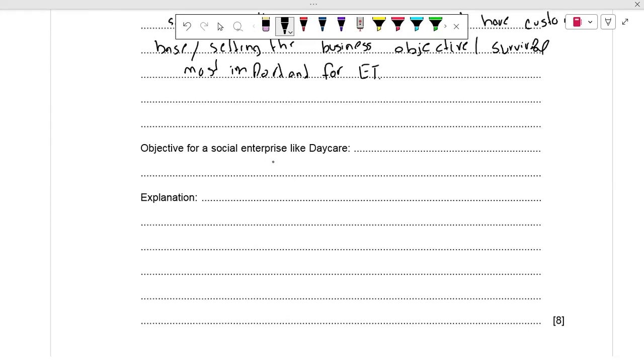And when we are discussing the objective for a social enterprise like daycare, there are different social enterprise objectives. For example, basically the social enterprise is working for education.